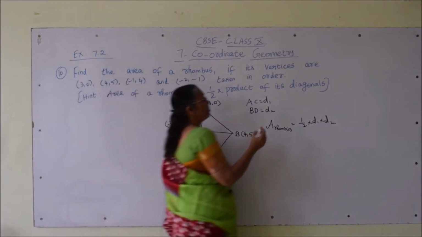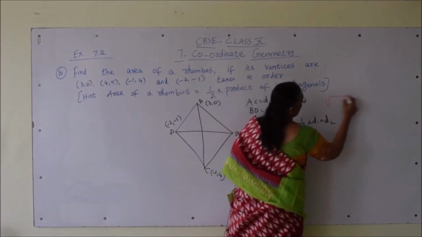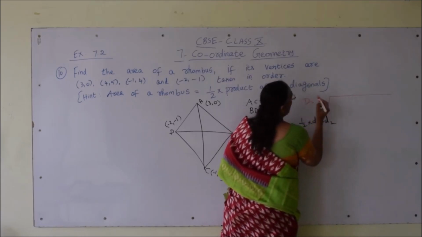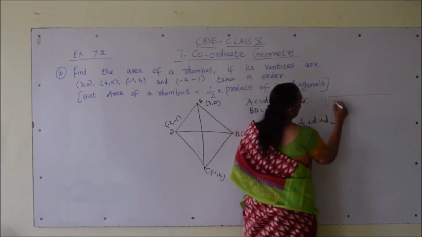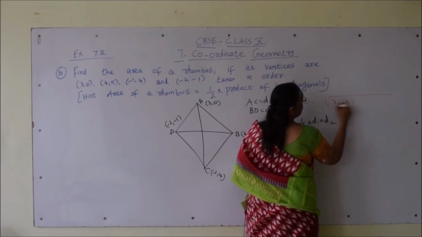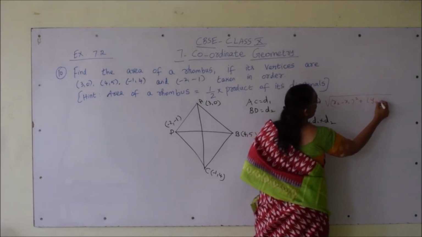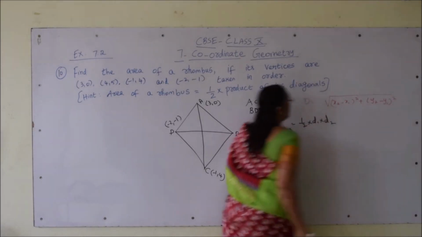So distance formula, if x1, y1 and x2, y2 are the 2 points, then the distance between them is given by root over x2 minus x1 whole square plus y2 minus y1 whole square.